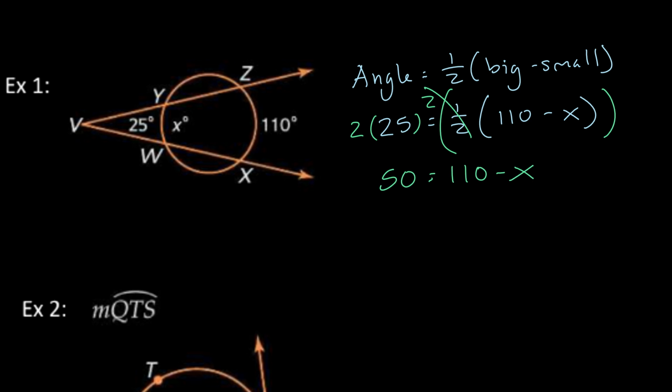And we subtract 110 over, and we get -60. Now is x equal to -60? What is x actually equal to here? +60, because we divide by -1. So x is +60.